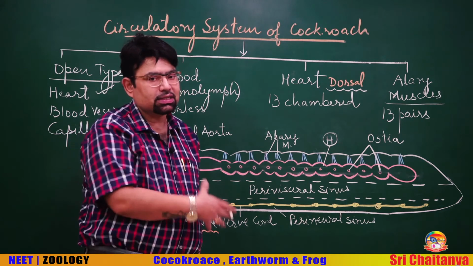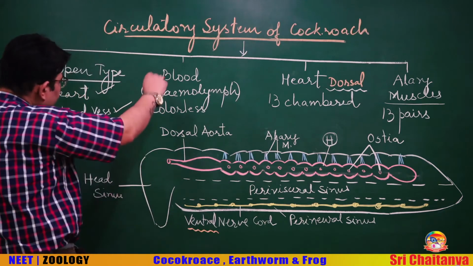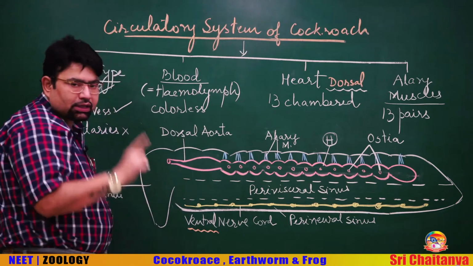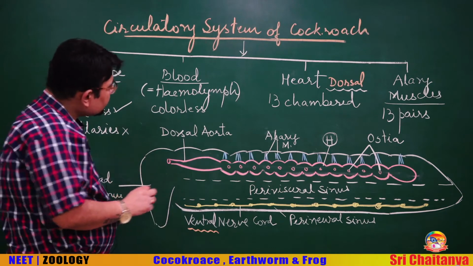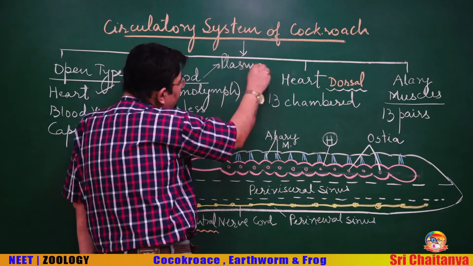So, hemocoel is the cavity of insects. Then there is a colorless blood, which is also called hemolymph. It comprises plasma, which is colorless, and blood cells.